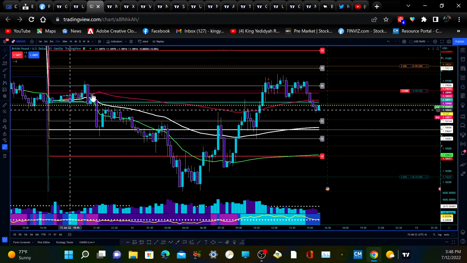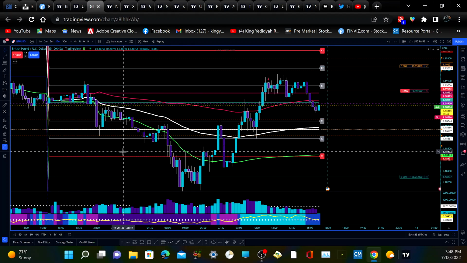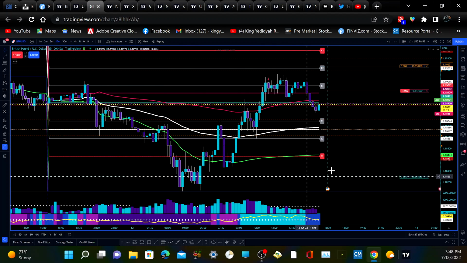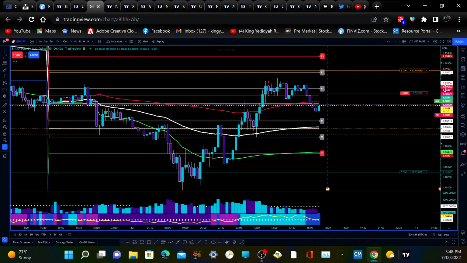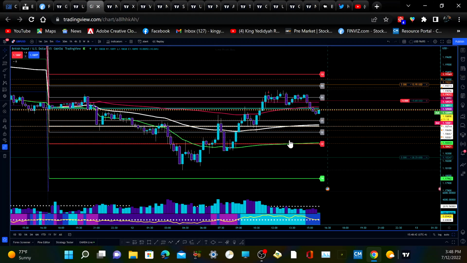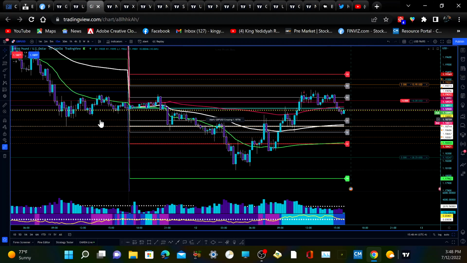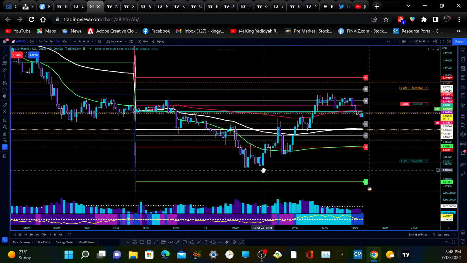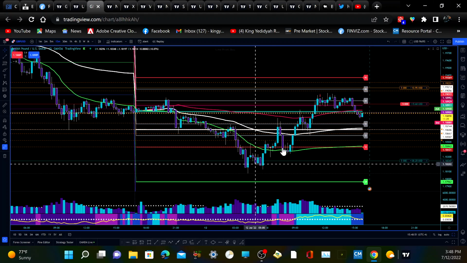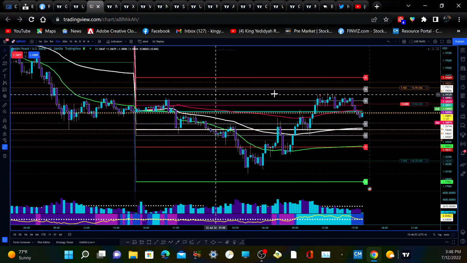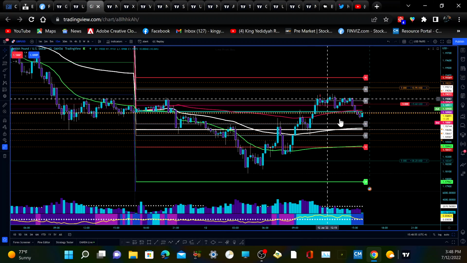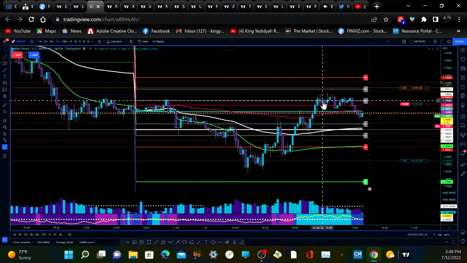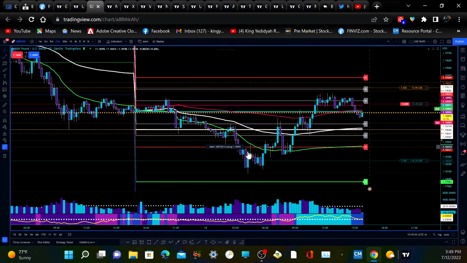Those were the weekly Camarillas I was talking about, the S4 level. This is the intraday Camarilla levels. So we have a lower value relationship, so we're looking for shorts, and with this push up and this push down, the recovery, that's how I got this short thesis. We came back up to this resistance level, and I'm expecting it to flush back down to these levels.